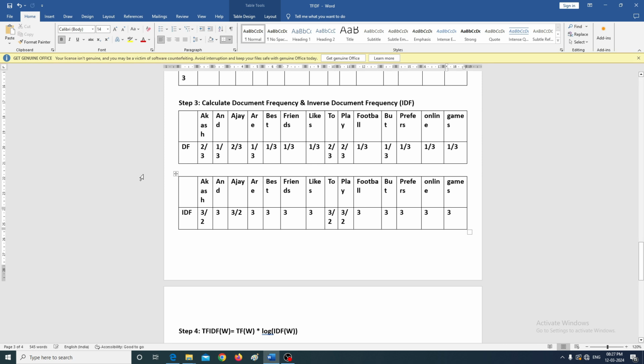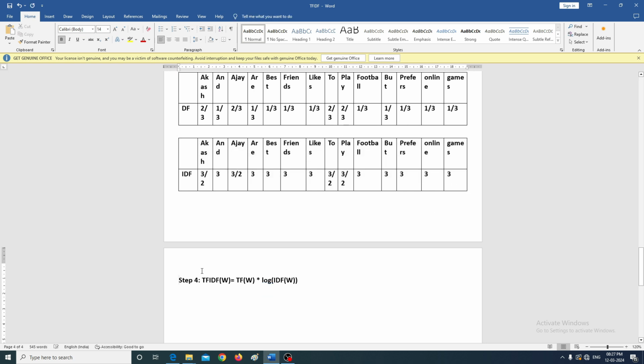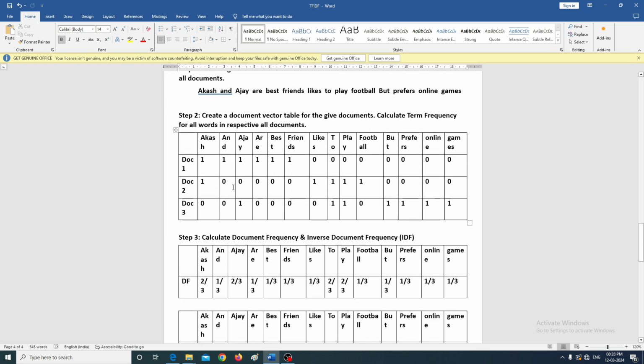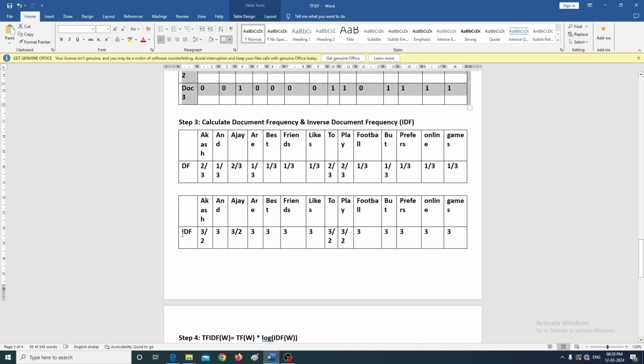This is the IDF of all words, all common words in the given corpus. Here we have completed step 3. Coming to the last step, we have to apply the formula TF-IDF of W equals TF of W times log of IDF of W. In step 2 we have the TF of all words in the first table, and in this table we have the IDF for all words.